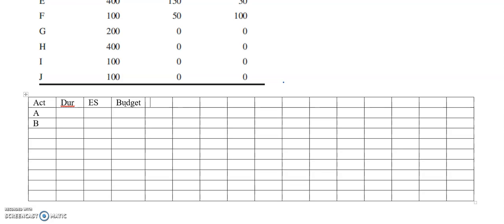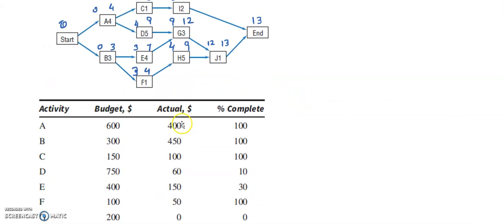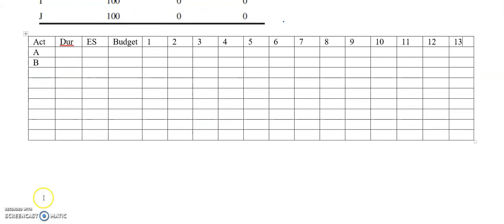And then the number of days: 1, 2, 3, 4, 5, 6, 7, 8, 9, 10, 11, 12. I need to add one more, actually, 13, as we calculated that it will take 13 days.